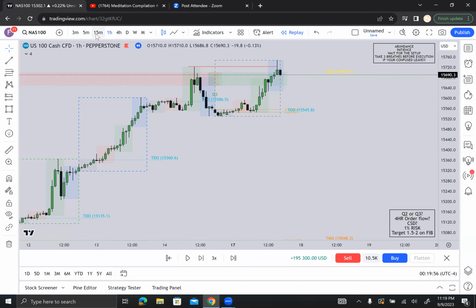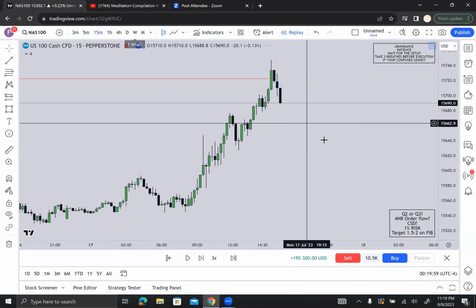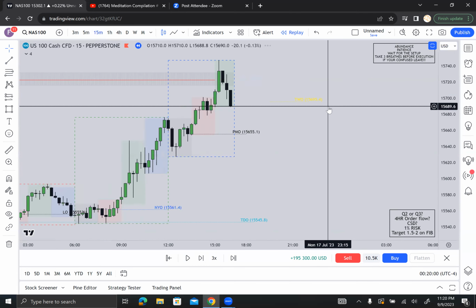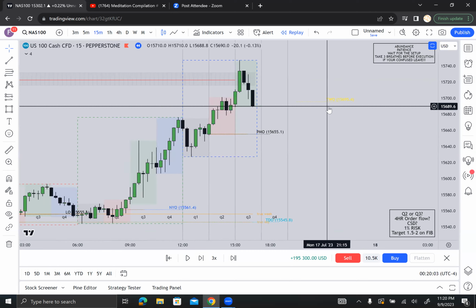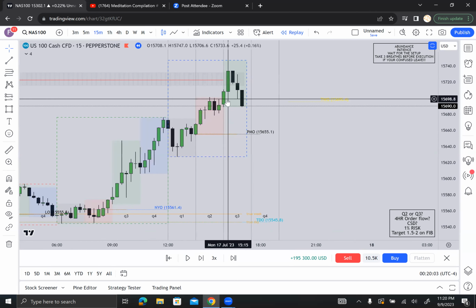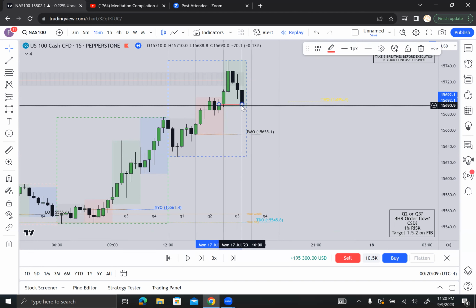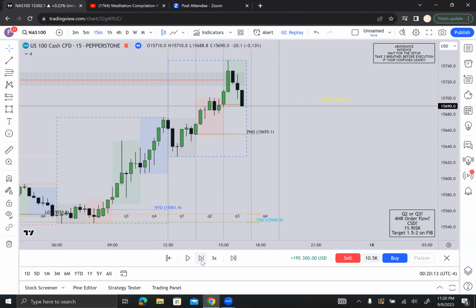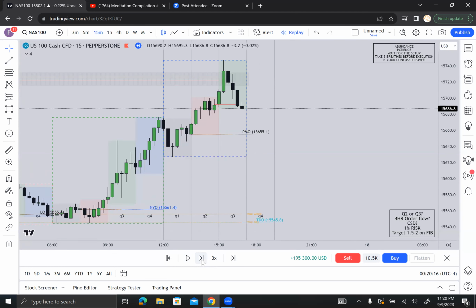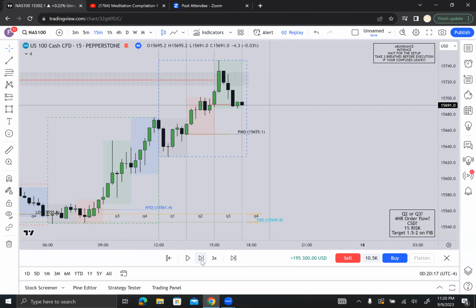Now what I would like to see is CSD 1, 2. Looking for the next candle to be aggressively lower or not. Nope.